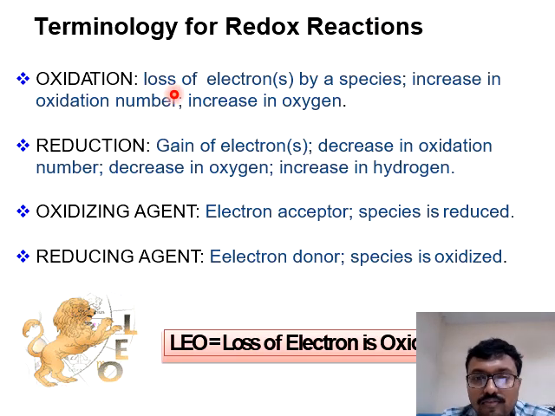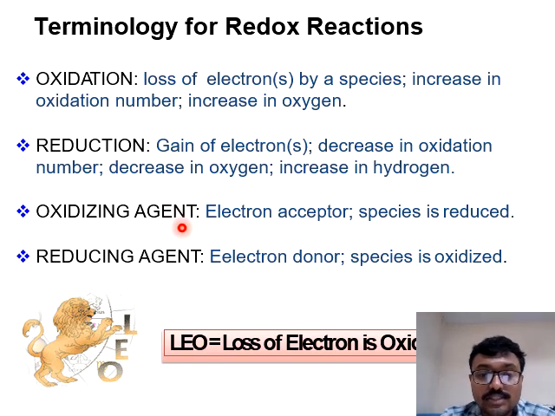Oxidation means loss of electrons, increase in oxidation number, increase in the number of oxygen, or decrease in the number of hydrogen. And reduction means gaining of electrons, decrease in oxidation number, decrease in the number of oxygen, and increase in the number of hydrogen.